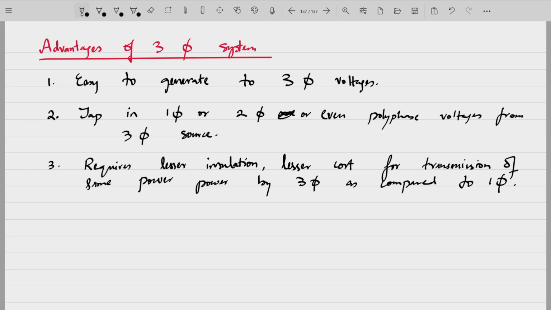And if your wire is thinner as in a three-phase system as compared to a single-phase system, your insulation requirement will also be less. Fourthly, in a three-phase system, harmonic component is lesser.